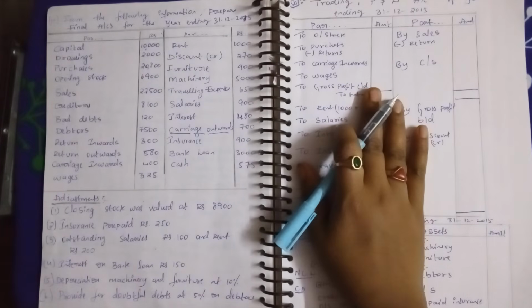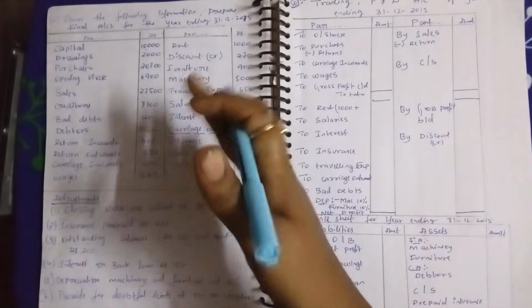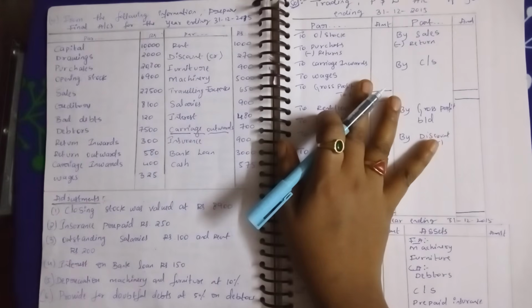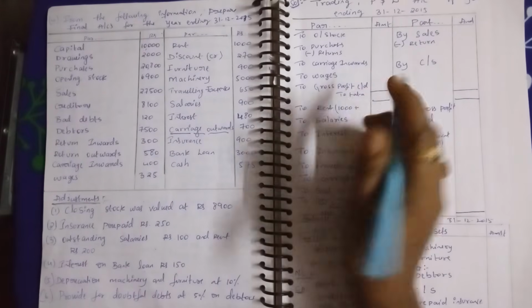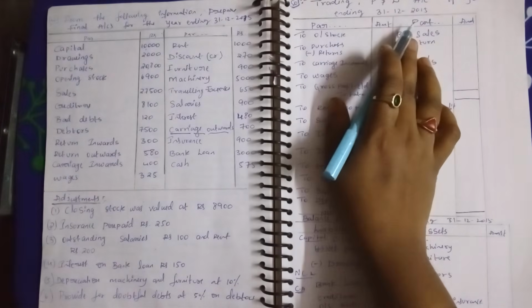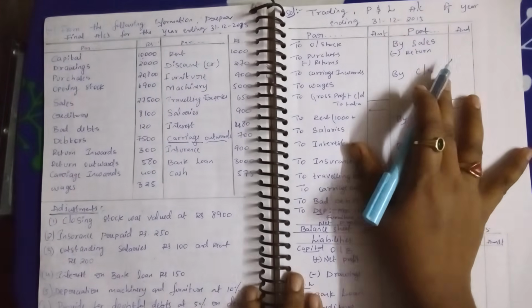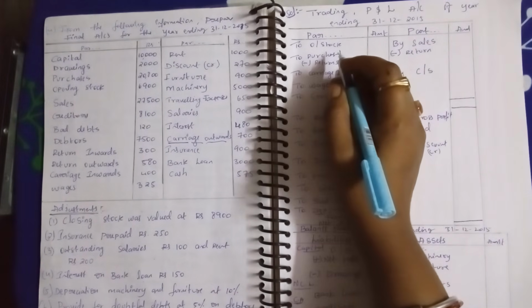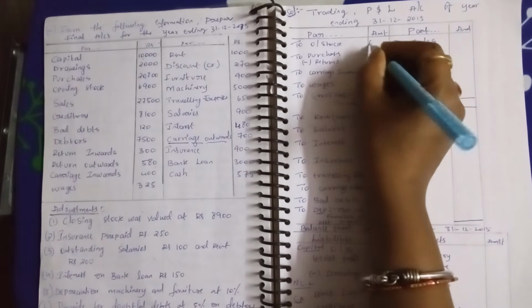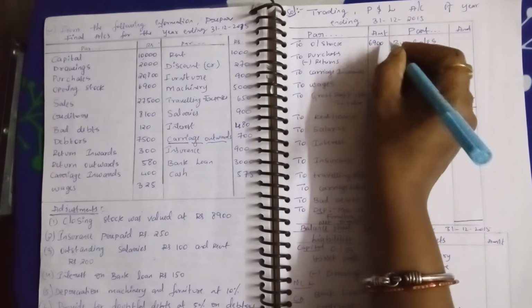So see, I'm doing the problem. Please try to calculate, be with me, and feel like you are the one solving this problem. So first we are going to prepare the trading and profit and loss account for the year ending 31st 12 2015. If you see the opening stock, how much is the opening stock? 6,900.